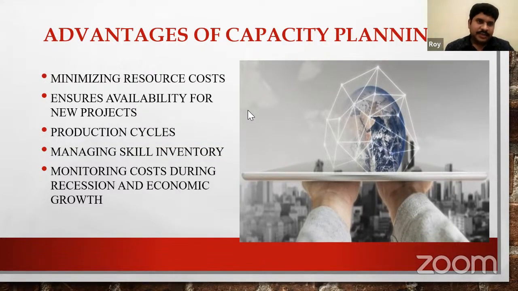Okay, sir. See, one thing is that if you do your capacity planning before itself, it will minimize the resource cost. That means the resources you plan before will definitely reduce in cost. How? You have no need to buy at the last moment.